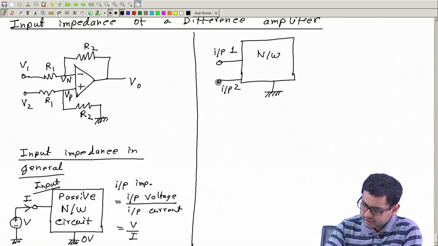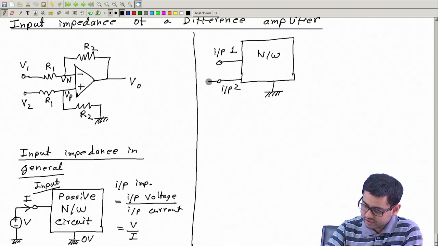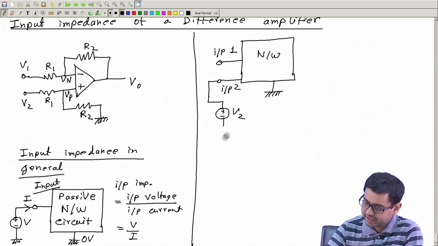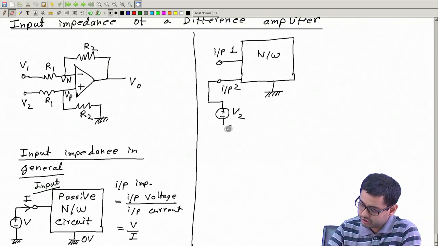Now, we can connect multiple sources, maybe one source like this, call it V2, plus minus.